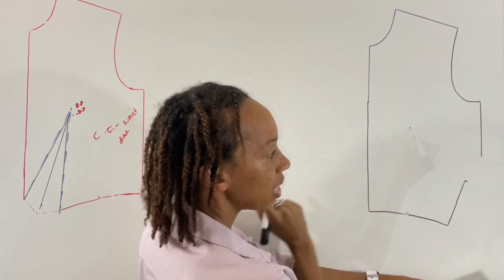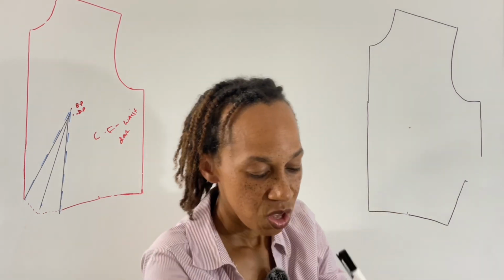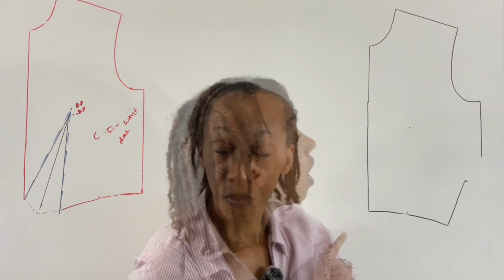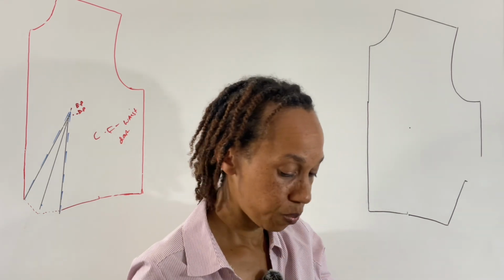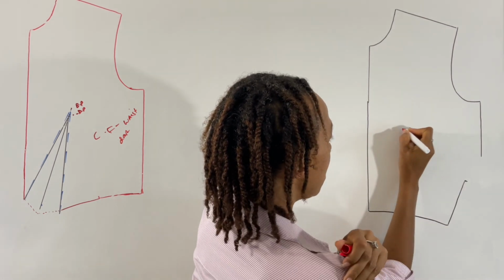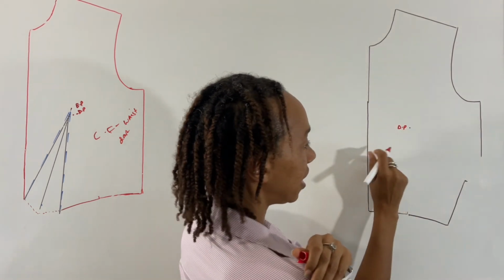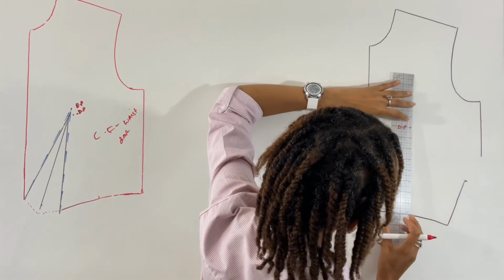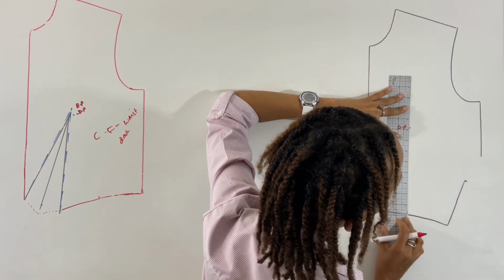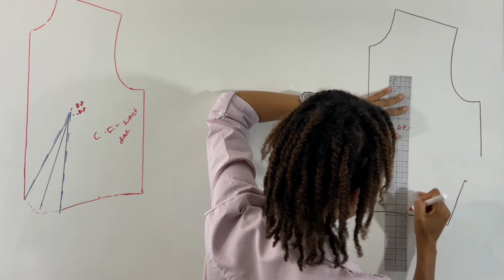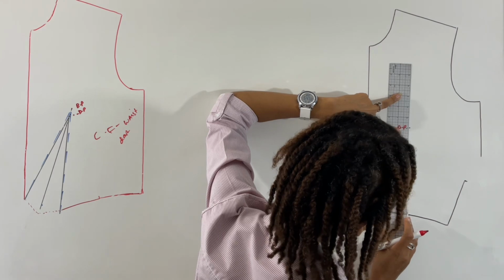The point is there. I'm just going to make it brighter. You're going to do the same thing that we did before, because this is the dart point and not the bust point. So because this is the dart point, you can put DP here, and I'm writing it on this side. And you'll notice that if I connect a line from where it closed, you can do a dash line 5/8 of an inch up.